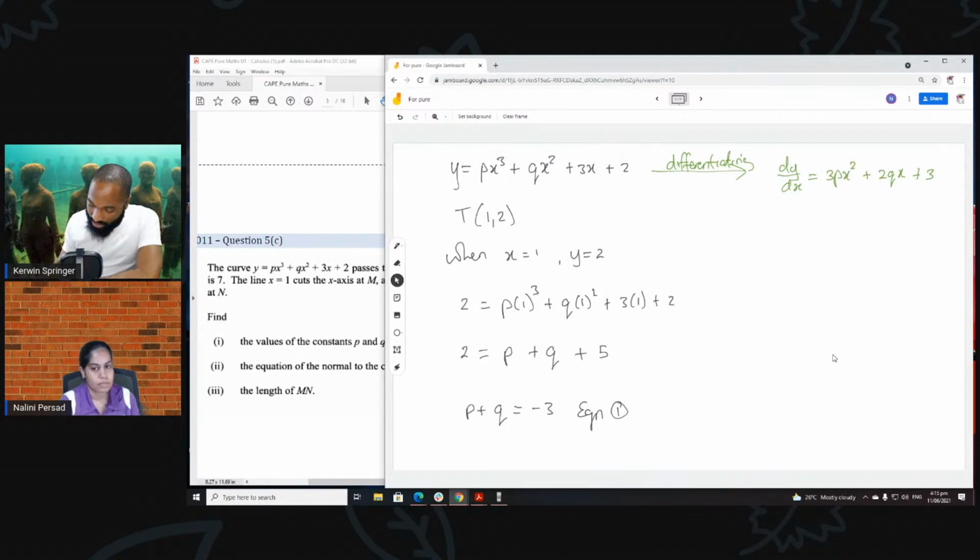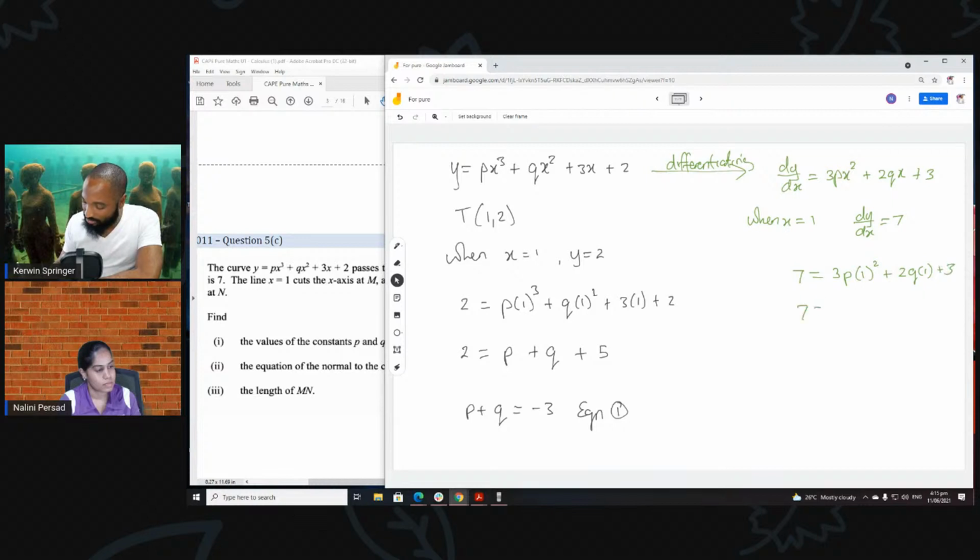And then we have, when x is equal to 1, once again, when x is equal to 1, not y is equal to 2 this time, we have dy/dx, and I think they said 7. Was it 7? Yeah. dy/dx is equal to 7. So we can do this substitution. We have 7 is equal to 3p, and 1 is a beautiful number to substitute, 2q times 1 plus 3.